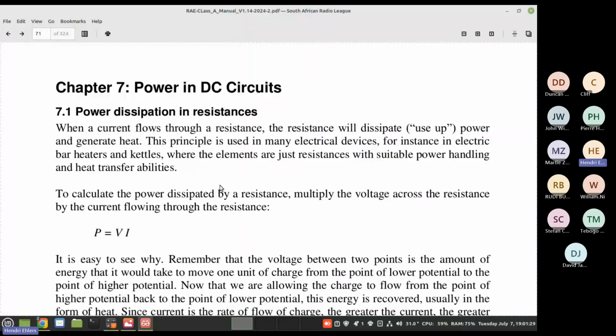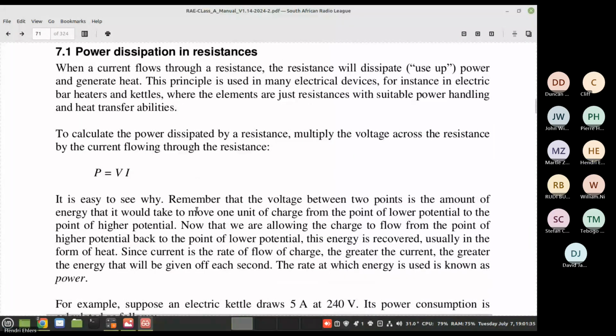Now, the triangle that we use for calculating VIR works exactly the same, and it's very nice to use.